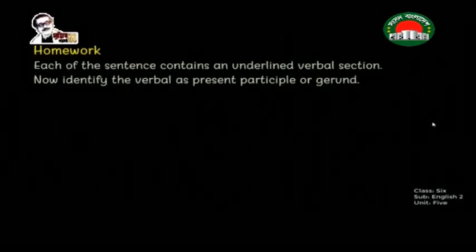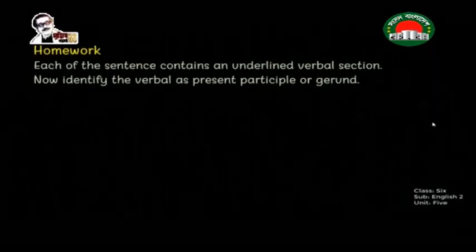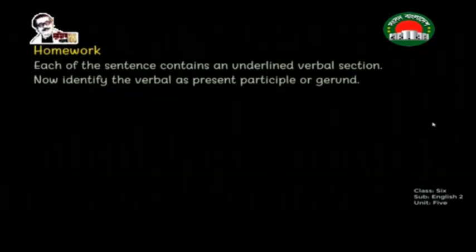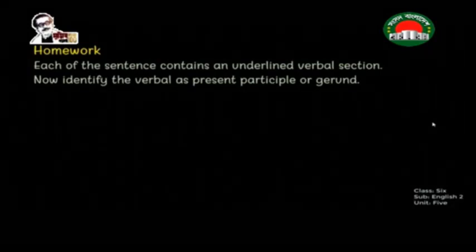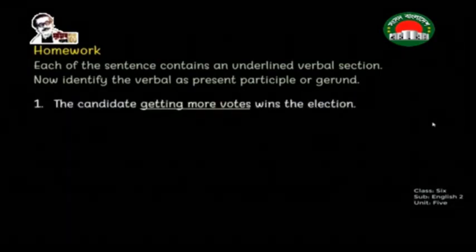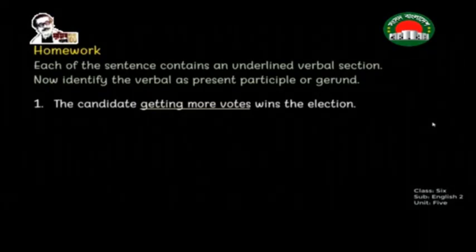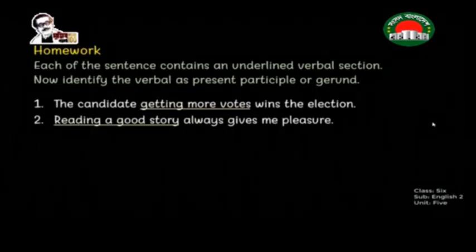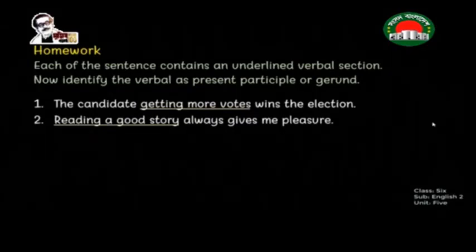Now there will be homework. So what about the homework? Each sentence contains an underlined verbal section. Now identify the verbal as a present participle or gerund. Number 1, the candidate getting more votes wins the election. Number 2, reading a good story always gives me pleasure.